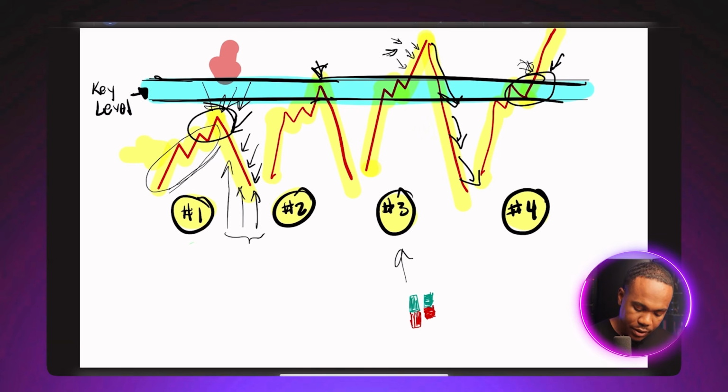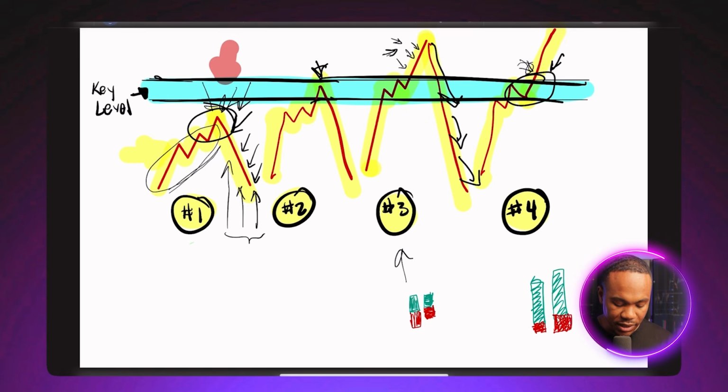Versus here, as price breaks through on number 4, we may see an overwhelming amount of buying volume versus a small amount of selling volume, right? As each candle is being printed, the buying volume, even though there are going to be some sellers. People are going to be selling, but aggressive buying is significantly greater in this scenario as price is breaking out. You get used to reading both.